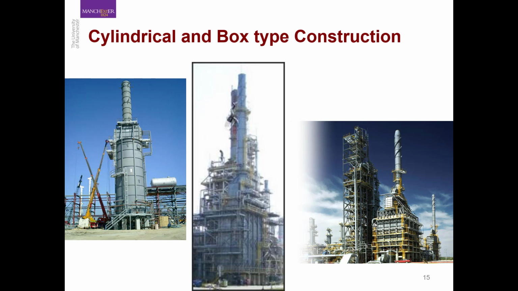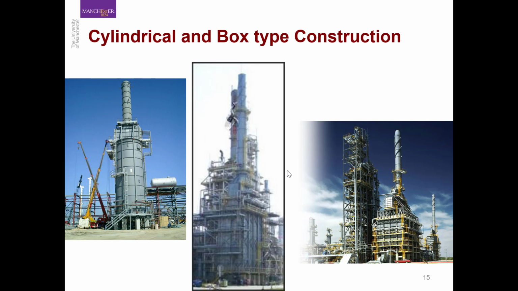So it means that the heat distribution would not be uniform in box type furnaces. So then there might be a question: why are we using these furnaces compared to the much more uniform distribution of heat in cylindrical furnaces? The reason we are using box furnaces is because we can get high heat duties out of them, and if we require very high heat duty, then we have no option but to use box type furnaces.